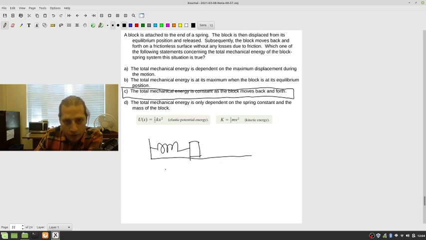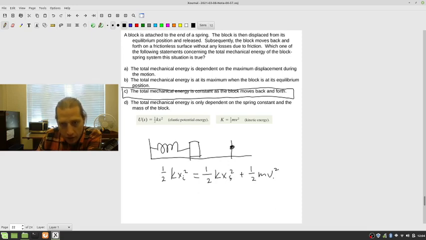So if you take this block at the beginning and you stretch it out, 1/2 kx initial squared, you can add up 1/2 kx final squared plus 1/2 mv squared, and it doesn't matter where along the path you pick.